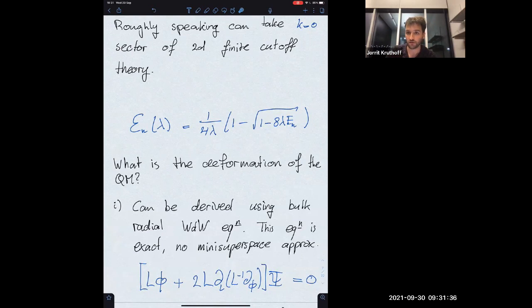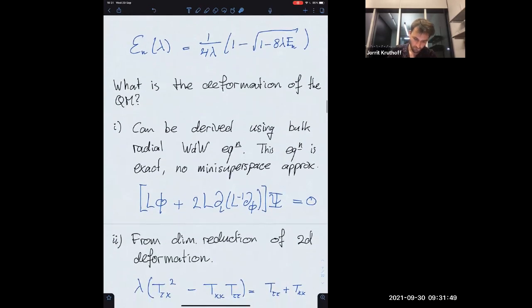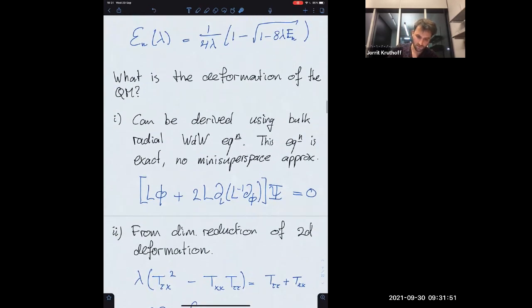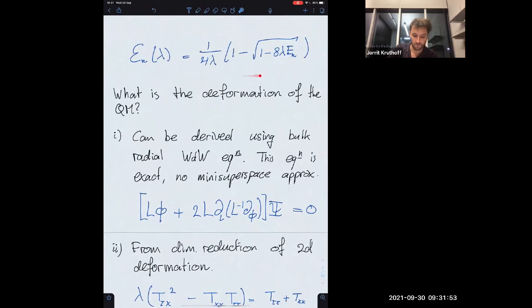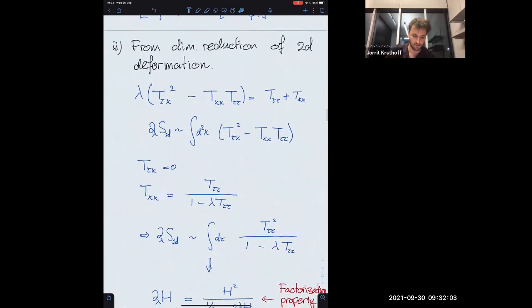And what you find is indeed this type of spectrum, and lambda is then related to the dilaton in some way. Another way to derive this deformation, or this particular spectrum, and in particular the deformation in the quantum mechanics, is by doing a dimensional reduction of the 2D deformation.